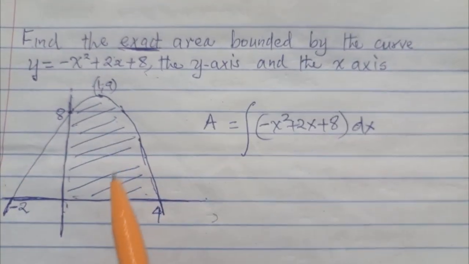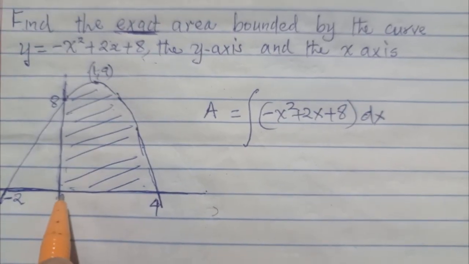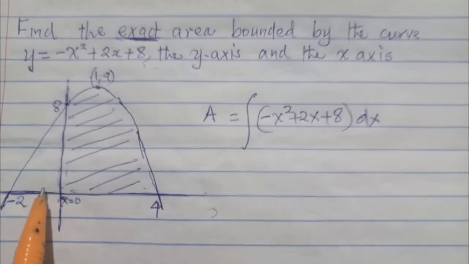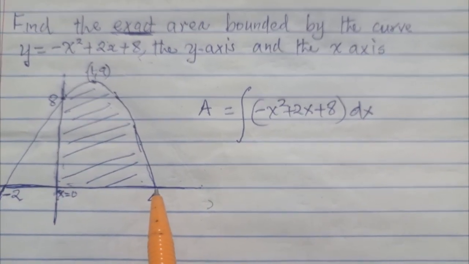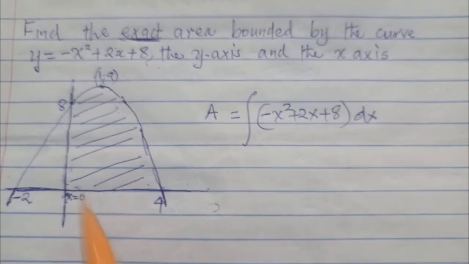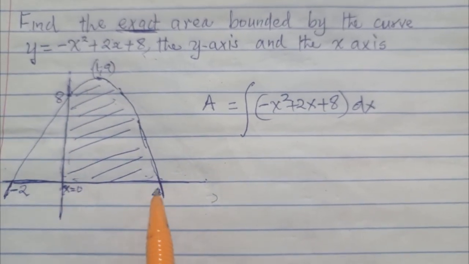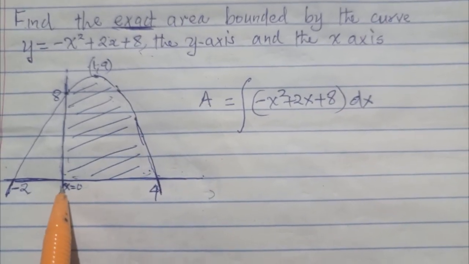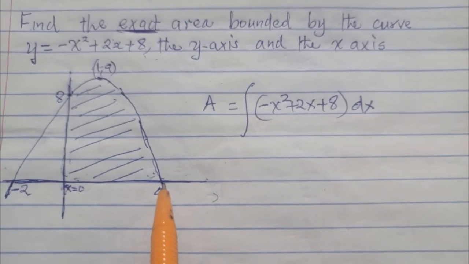Now we've been given a range. The y-axis, remember, is at x equals 0, and the curve goes up to 4 where we have the x-intercept. So the region bounded by the curve, the y-axis and the x-axis is between the line x equals 0 and the line x equals 4.